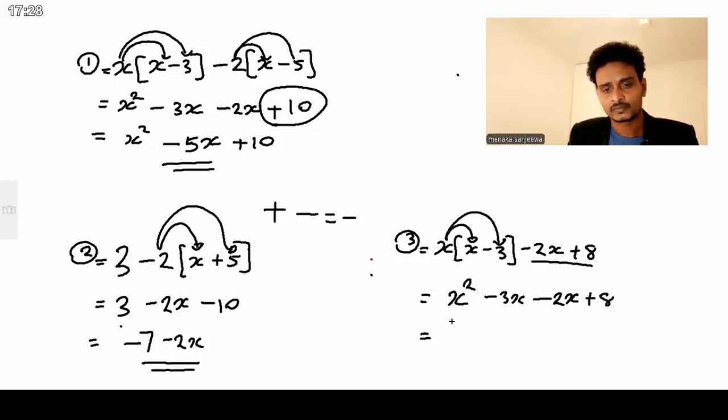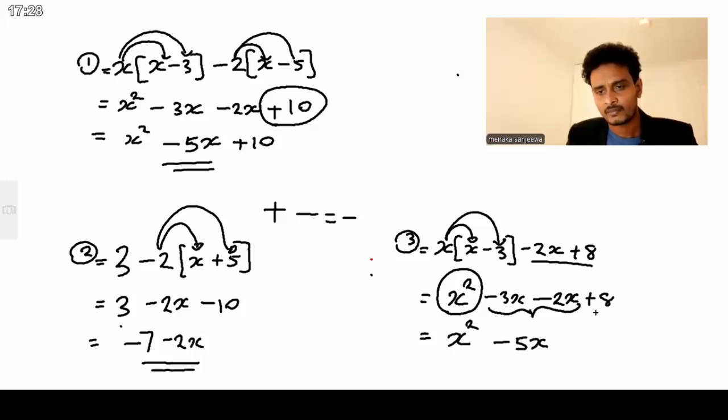Are there like terms? There's no like term for x squared, so you should write it as it is. You can't simplify further. But these two you can, right? Minus 3x minus 2x, we did it earlier also. Minus 5x. And plus 8. You got it? Yes, sir. Okay, good.